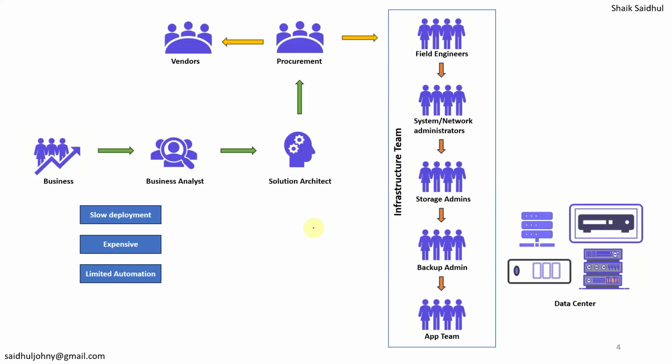Most of the steps are manual here, and the manual steps are slow. So the automation is limited here. The moment you are working in the on-premises working model, most of the things are manual only. Manual things are very slow. That's the reason we call it limited automation, because most of the steps cannot be automated at all. They are manual and slow.